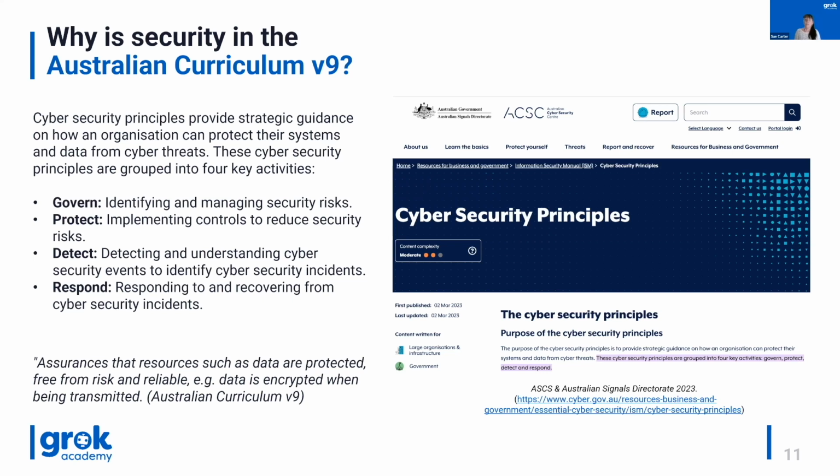So it's essential that as teachers, we understand the importance of maintaining levels of security over both our own data and that of students. This also aligns with the Australian curriculum's definition.